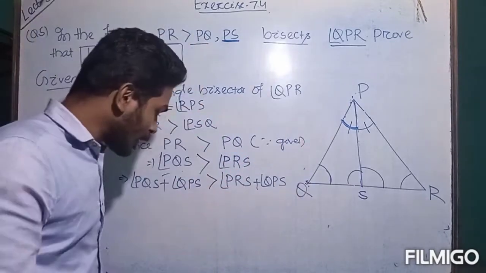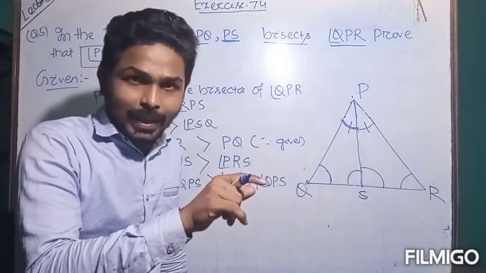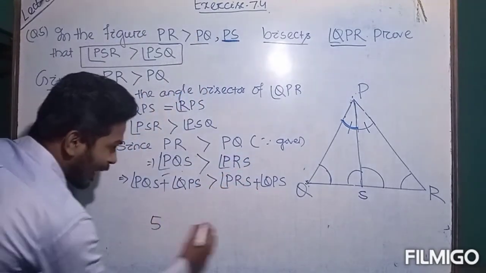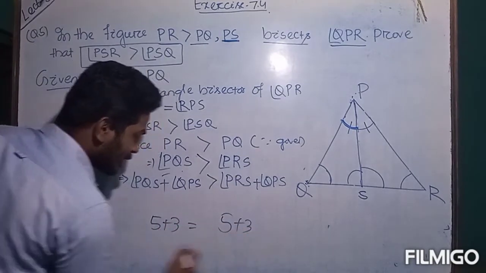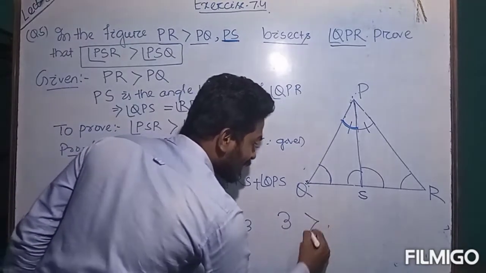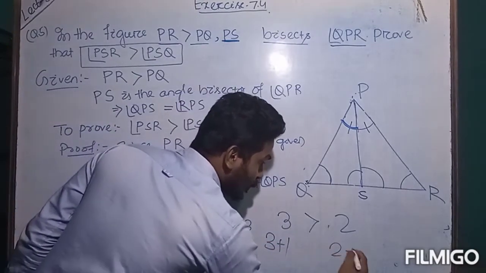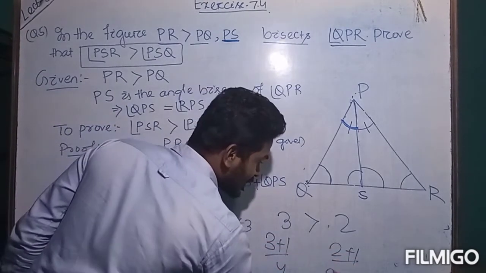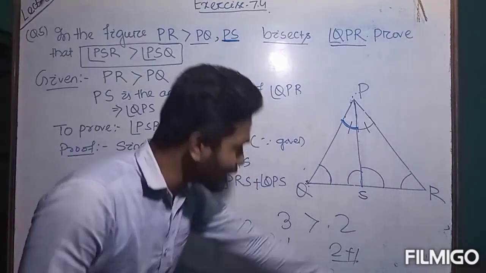For example, if 5 and 5 are equal, if we add the same thing, then the result is also the same. Similarly, 3 is greater than 2; if we add 1 here and 1 here, the result is 4 and 3, and 4 is greater than 3.